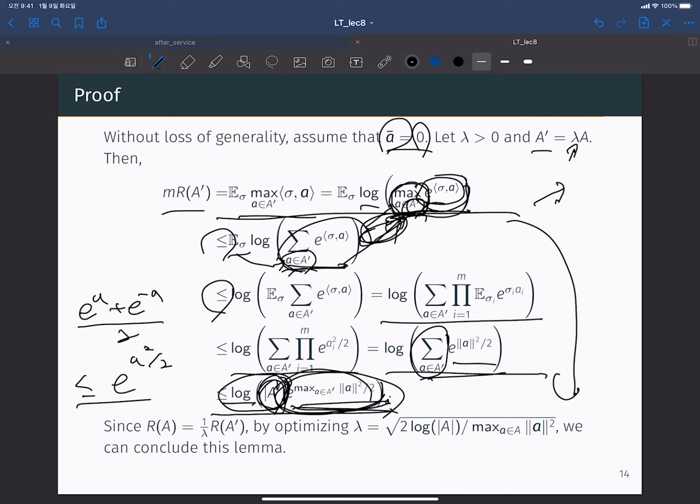It looks very stupid but it is very powerful, and many proofs utilize this trick. And then in the last step, we optimize lambda. Lambda is optimized at this point, and so when you put lambda with this value, we can conclude this lemma.